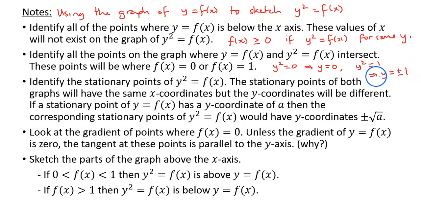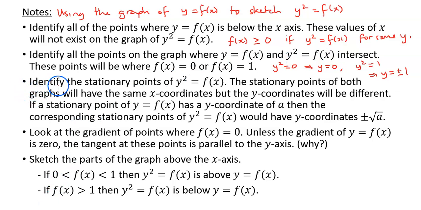So it's still going to go through the point, whatever the x coordinate was, to make f of x equal 1, and then it's going to have the y coordinates positive 1 or negative 1. It's easiest just to deal with all the positive y values first on the graph of y squared equals f of x, and then just reflect it about the x-axis at the end.